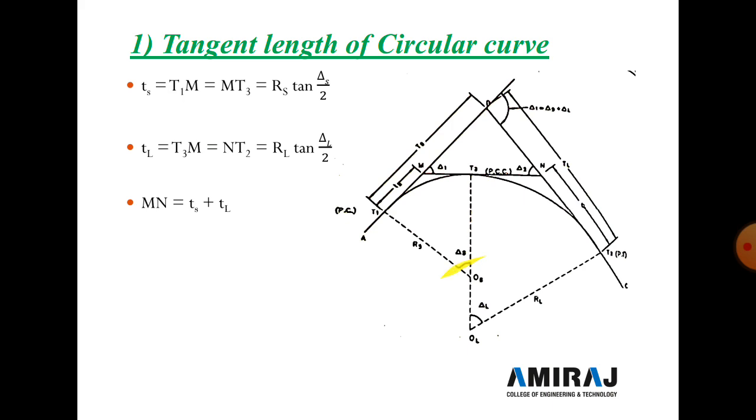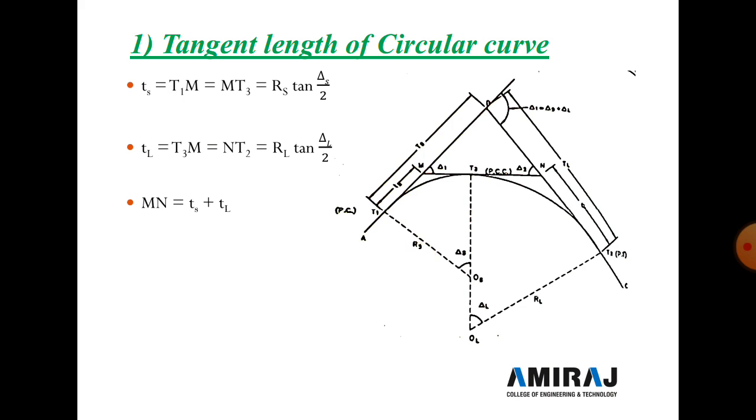Delta S is the full angle and half the angle is delta S by 2. When we take this triangle and apply tan of delta S by 2, it is ts divided by RS.